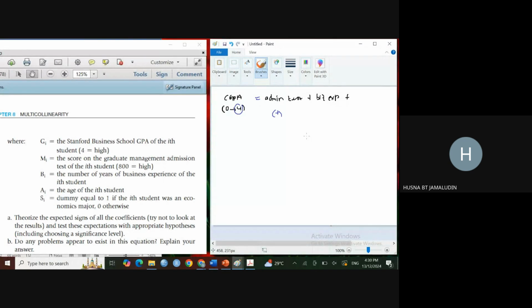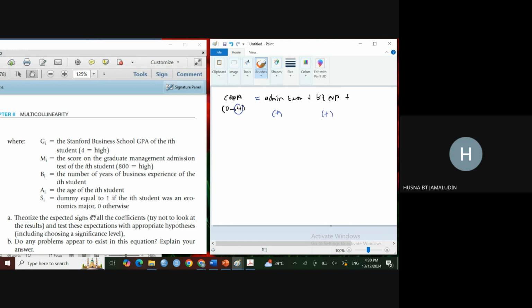It may not even be related to your previous experience. So you can say yes or no, but you have to justify. Okay, so let's assume that their experience can help to improve your CGPA because you're doing business.